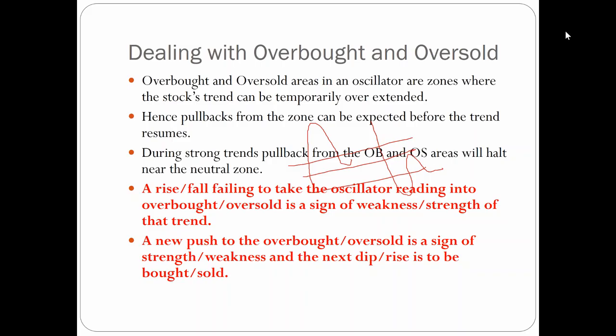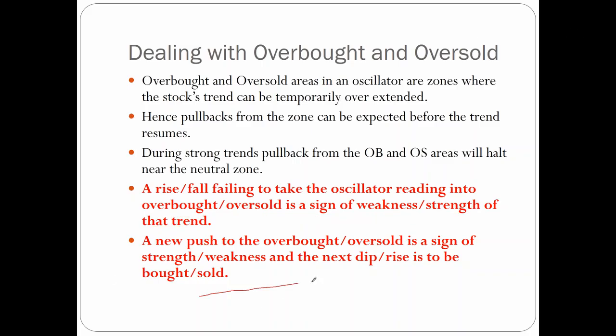Right? Now pay attention. A rise or fall failing to take the oscillator reading into the overbought or oversold area is a sign of weakness in the trend, while a new push into the overbought or oversold area is a sign of strength, and the next dip on the rise is to be bought or sold. So let me explain what it is.